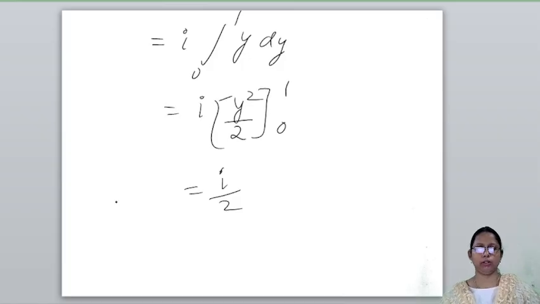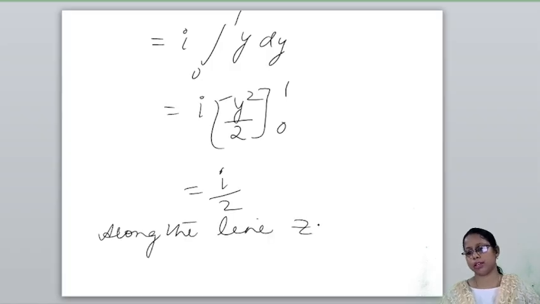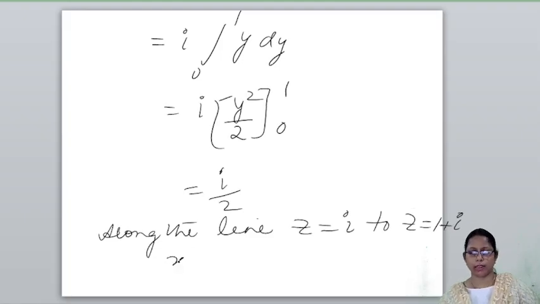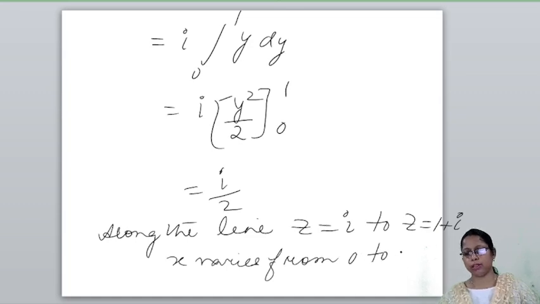So again along the line z equal to i to z equal to 1 plus i, x varies from 0 to 1 and y is constant, y is equal to 1.